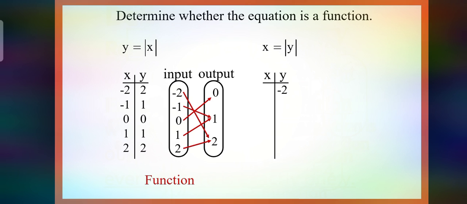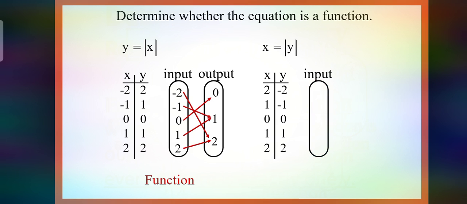Again, we will be using negative 2, negative 1, 0, 1, and 2 for the value of y. So 2, 1, 0, 1, and 2 for the value of x. For the input, we have 0, 1, and 2.